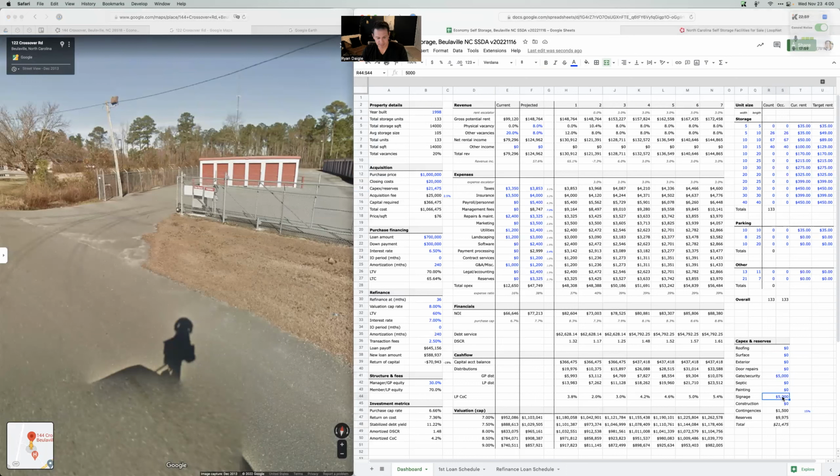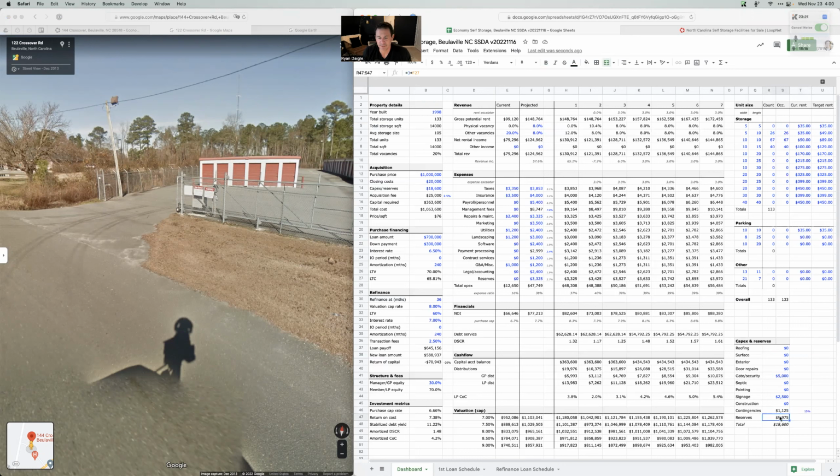And then I usually have an allowance for signage, right? Maybe I'm going to get the feather flags to put up to let people know it's new ownership. Probably put a big sign up on the gate for operating hours and website and phone number and things like that. I'm not doing any expansion construction contingencies. This is just a percentage of what I have for CapEx.